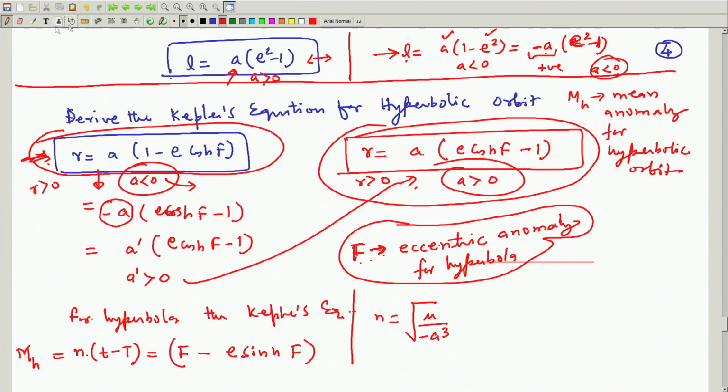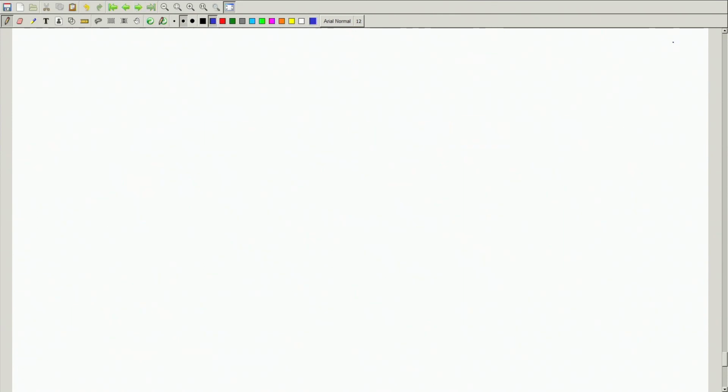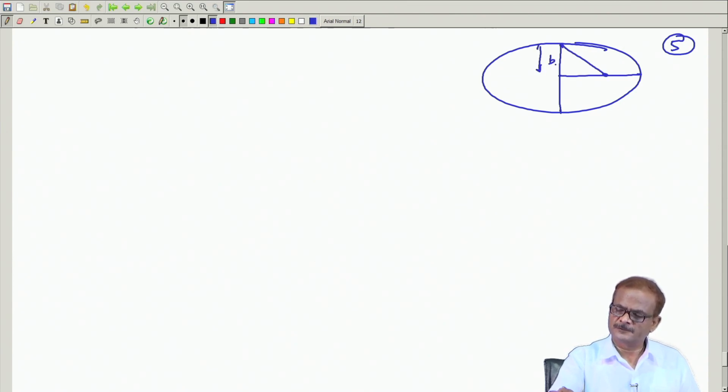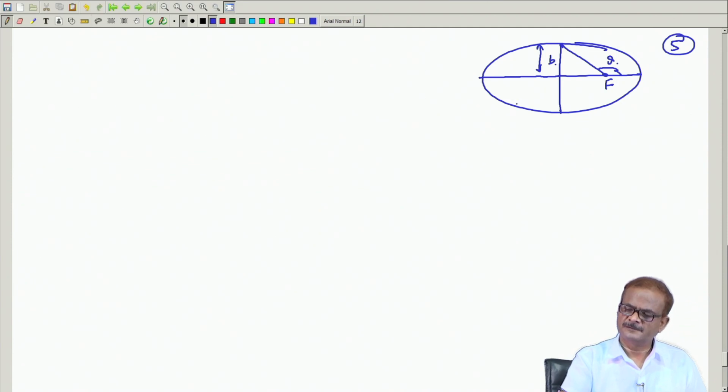There are actually so many issues while discussing all these problems. Like in the case of ellipse, if you remember, for deriving this b, the semi minor axis, we took this angle and then we worked in a particular way. It was a long way of working obviously, but that could have been done in a very short way also.